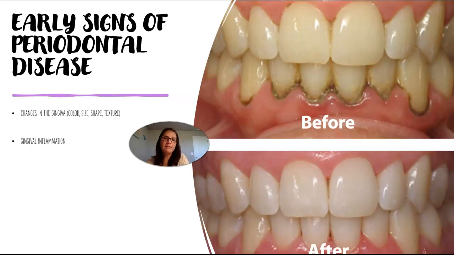And we can probably even push on this area here, and some pus or exudate might come out of that area. So, bleeding, definitely. If we were to try to floss this patient in the condition they are in the before picture, assuming we could even get floss in between the teeth to the gum tissue, their tissue is really going to be bleeding.